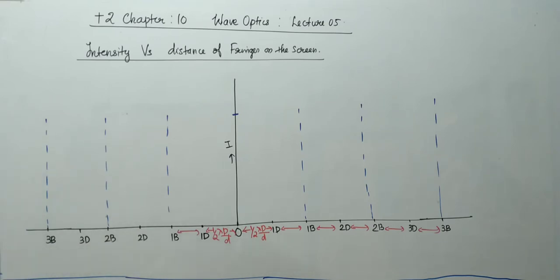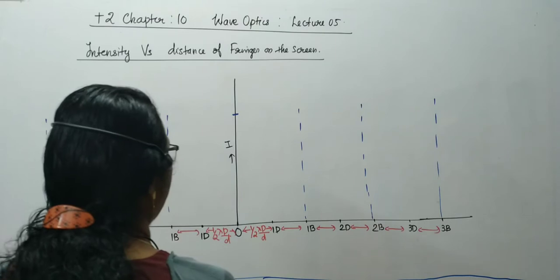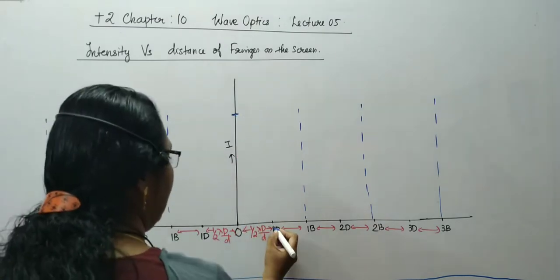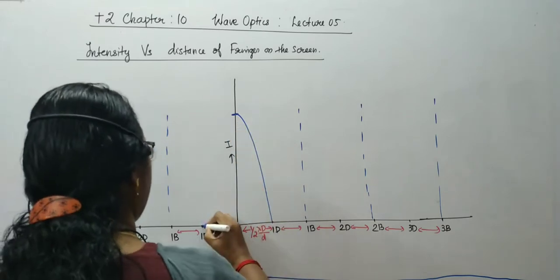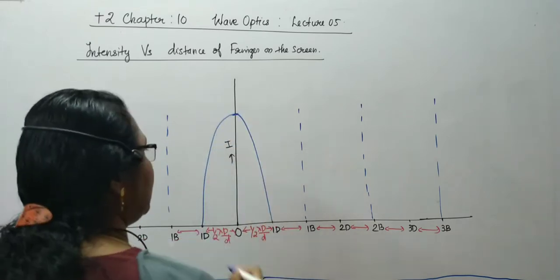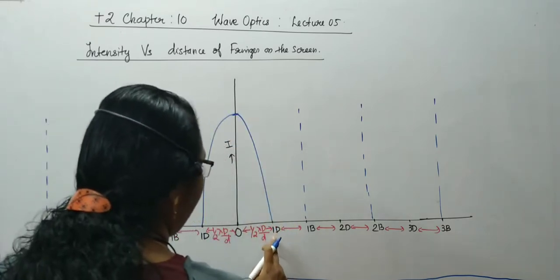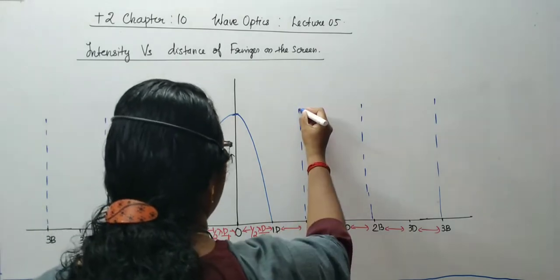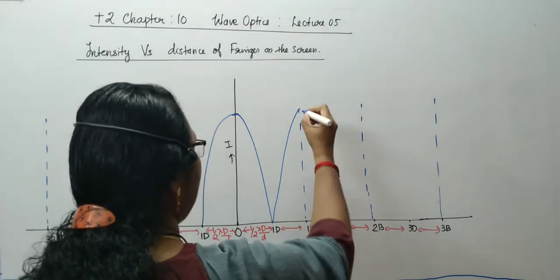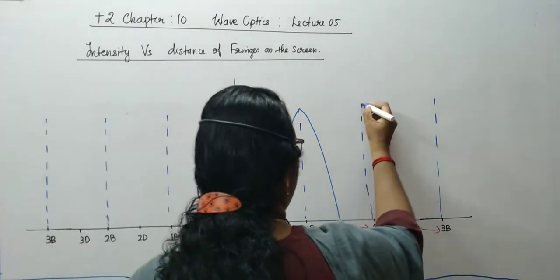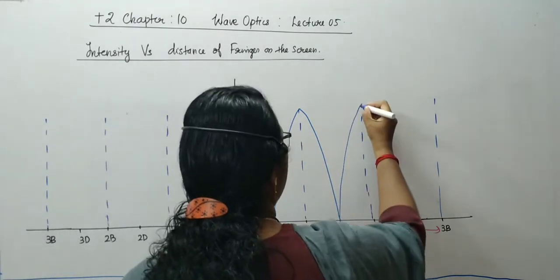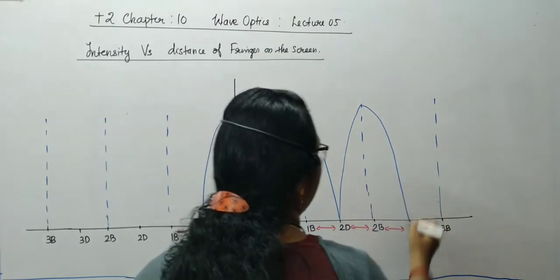What will be the graph? Central maxima, maximum intensity. At the first minima, the intensity decreases to 0. Again, from first dark to first bright, maximum intensity. Second dark, minimum intensity. Second bright, maximum intensity. Third dark, minimum intensity.